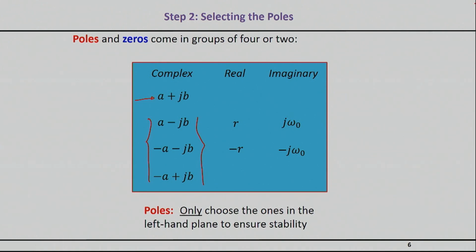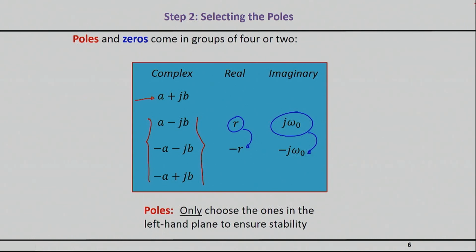Or if you end up having a pole that is real, you will necessarily have its negative value. Similarly, if you have an imaginary pole or zero, you will have basically its negative as well. So if you have real or imaginary zeros or poles, you will definitely have a pair of them, and this is a necessity. If you have complex, you will have 4 of them.